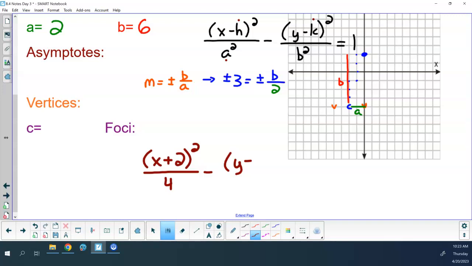K was -4, so that's plus 4, quantity squared, all over 36, equals 1.